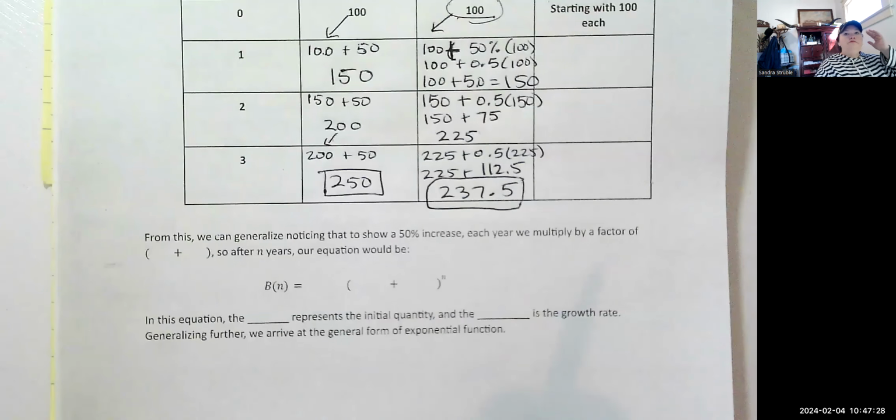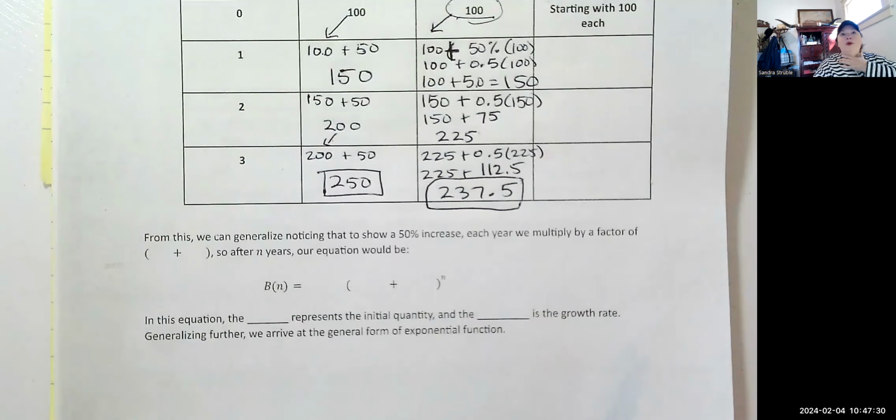All right. From this, we can generalize, noticing that to show a 50% increase each year, we multiply by a factor of, now they want me to use just the plus sign, and I don't like to do that just because it tends to get confusing because students don't understand that you can use a minus sign in there as well.